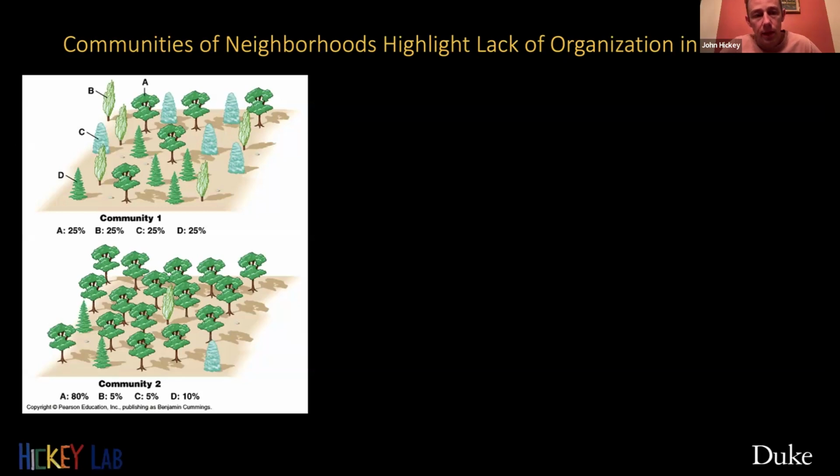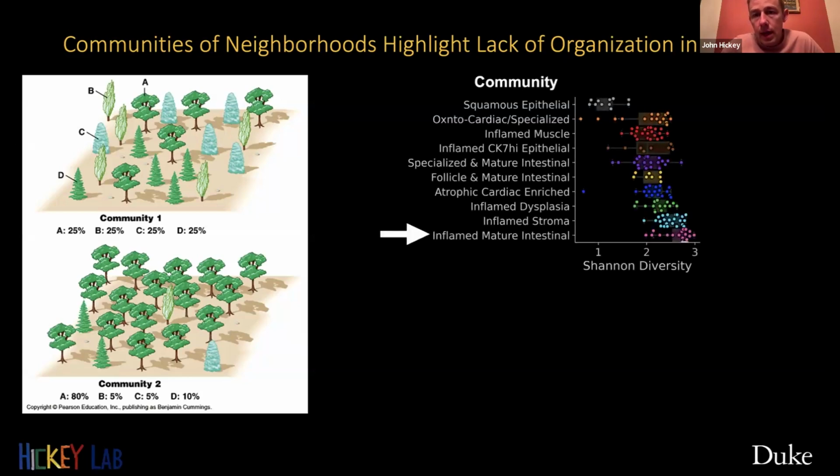So we took this principle and applied it to our CODEX neighborhood data. What was really interesting is that the normal epithelial had the least diversity, whereas the cancerous neighborhood had the greatest diversity.